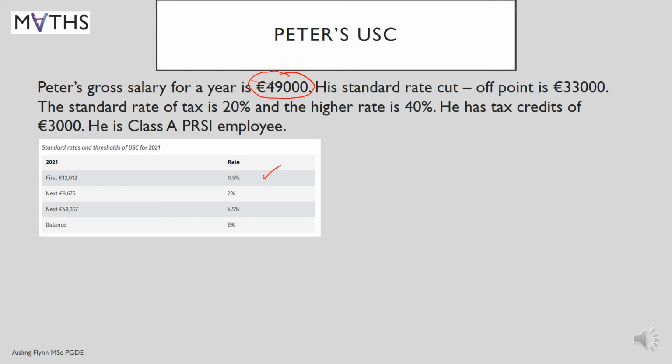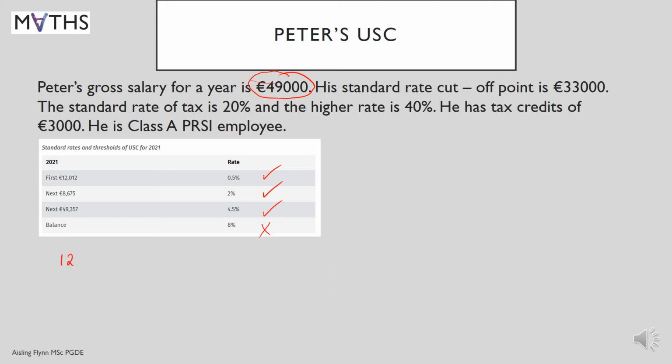He will definitely be paying the 2% on the next 8.5 grand or so. He's up now to about 20,000 and something, so he will go into the 4.5%, but he won't reach the 8%, as about 70,000 is needed to pay that. So let's do the first two steps first.